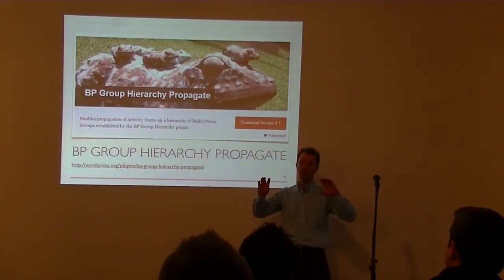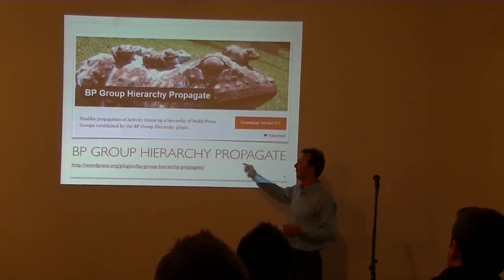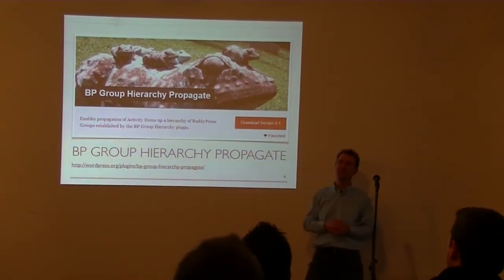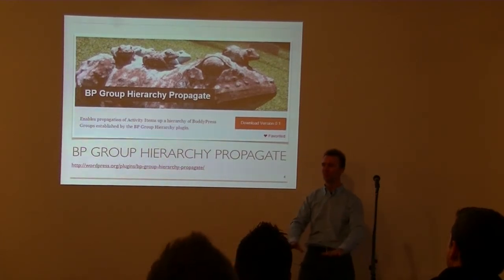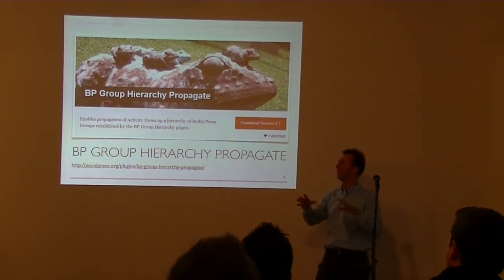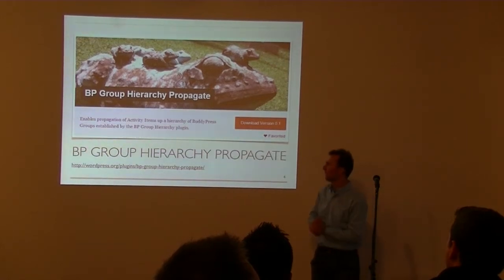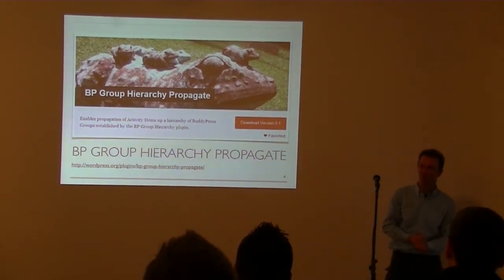But because each child group acts independently, if something happens in one of those child groups, you can look at the top and you won't see anything unless you've got BP group hierarchy propagate. So everything that happens in the child groups or in the grandchild groups feeds up, which is fantastic. If you're looking for an overview, you can just look in the activity stream for the parent group, and you've got it. You can see everything that's happening. So that's one thing that we found incredibly useful for our managers, our senior teachers, and senior staff.